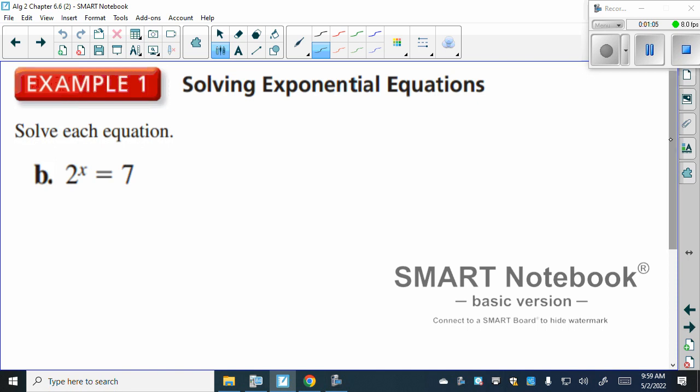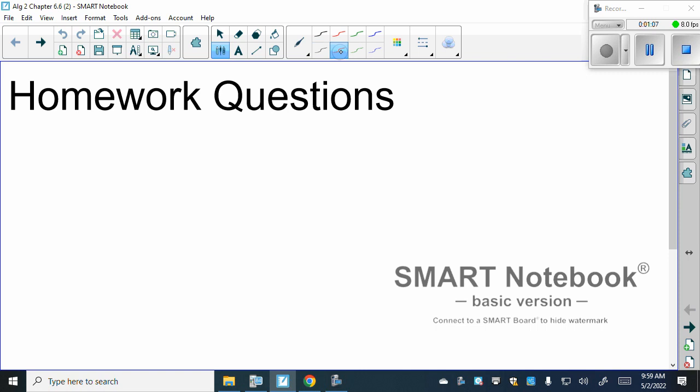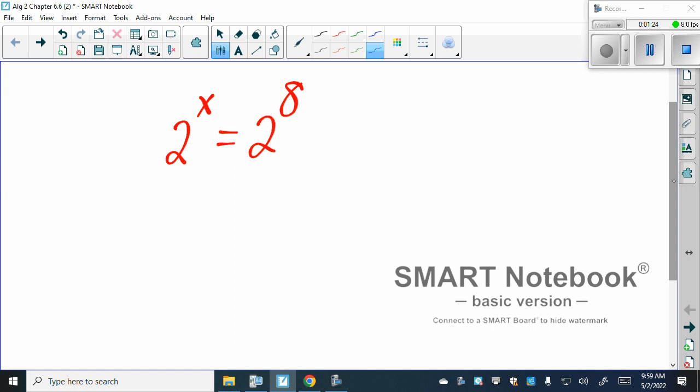Now, everything we did on Friday was dealing with kind of a one-to-one property. A basic example is 2 to the x equals 2 to the 8. If the bases are the same, we set the exponents equal to each other. Part of the reason we can do this is that we can apply, say, log base 2 to both sides.